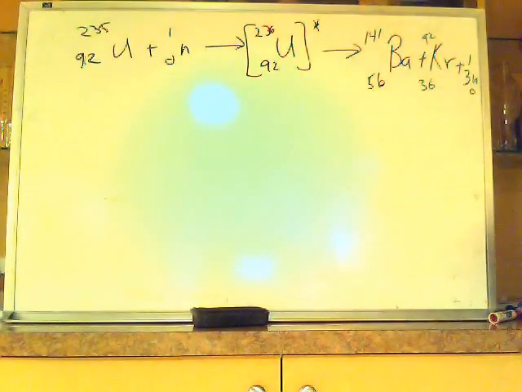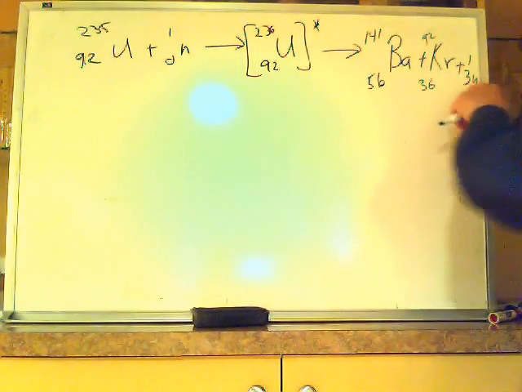Then we can look at the mass of the reactants again, which is the U-235, and we're going to subtract from that the mass of the two products. That's the barium 56, which is 140.914406 atomic mass units, and the mass of the krypton, which is minus 91.926153 atomic mass units.